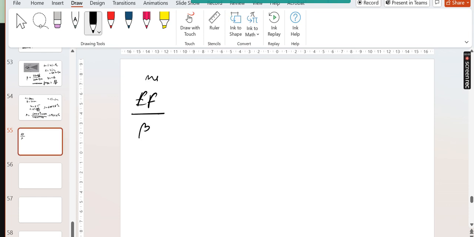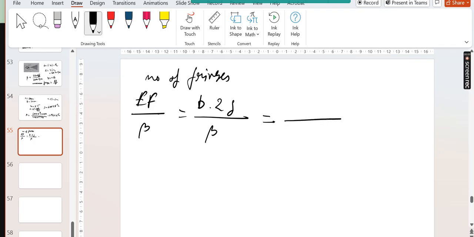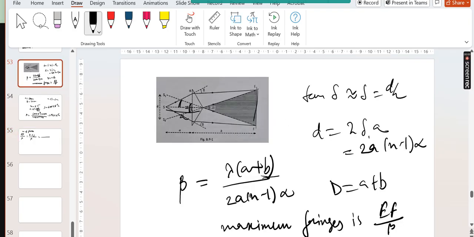Here the number of fringes is EF by beta. So EF is basically B into 2 delta. See, this is EF, this is B, and this is 2 delta.